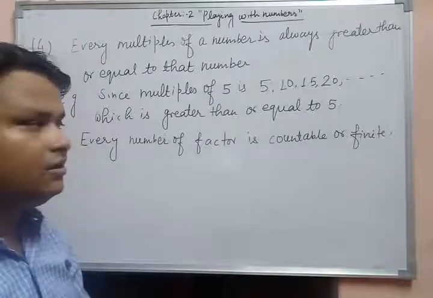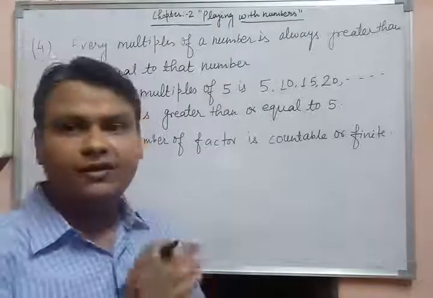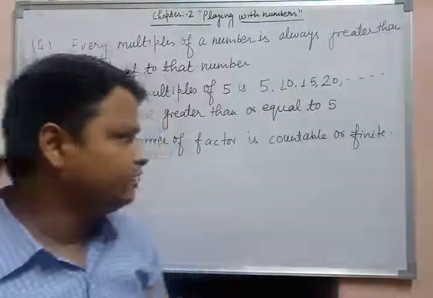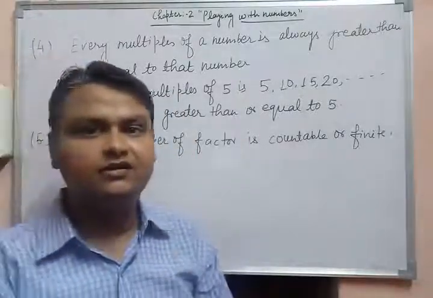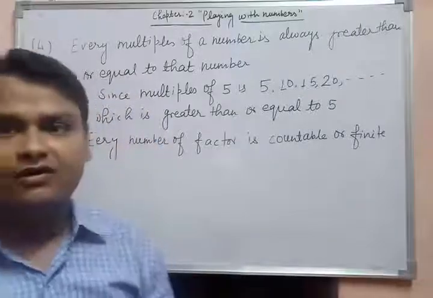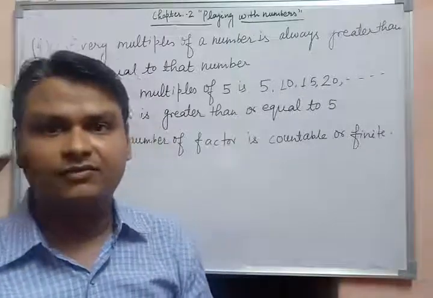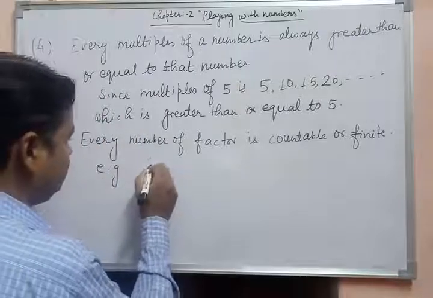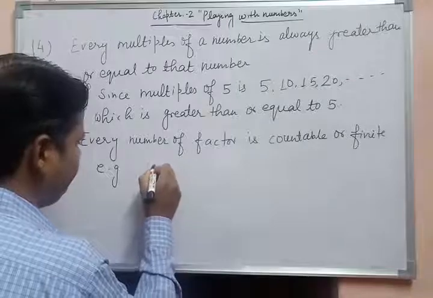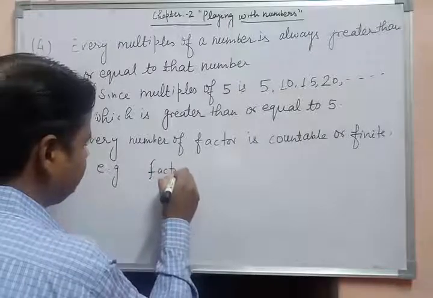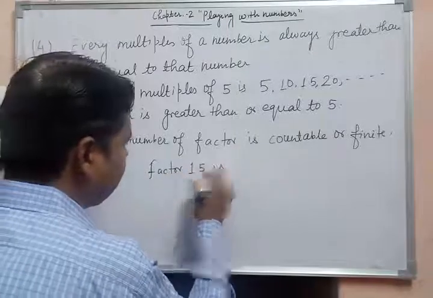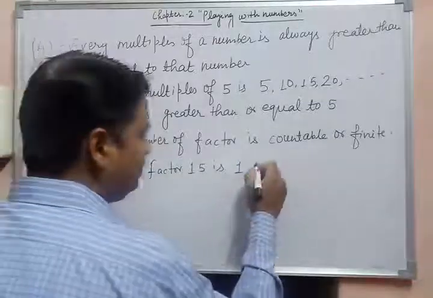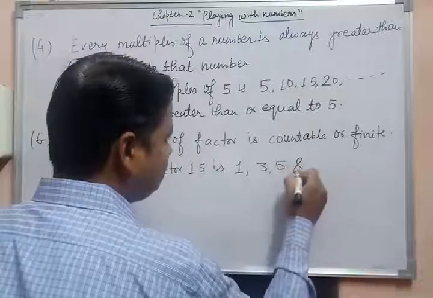It means that if we find the factors of a number, then we will get a finite number of factors and it is countable. For example, the factors of 15: we have to write all possible factors, 1, 3, 5 and 15.